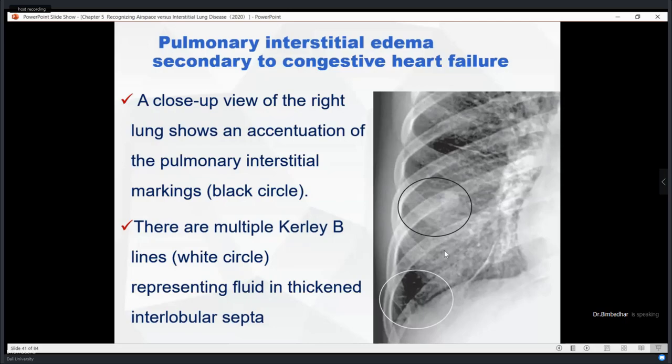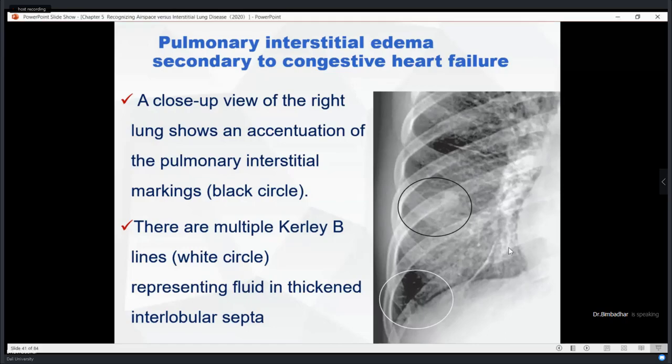Okay, right? You see here, inhomogeneous. Did you get it, Benedict, now? It is called attenuation of pulmonary interstitial markings, which means they are not particularly prominent. Right, so that's the reason we call it attenuation.